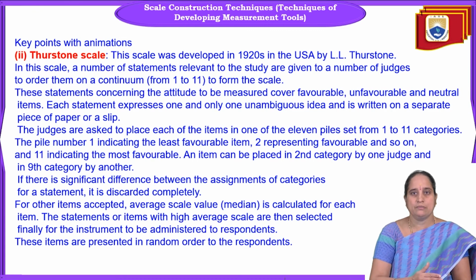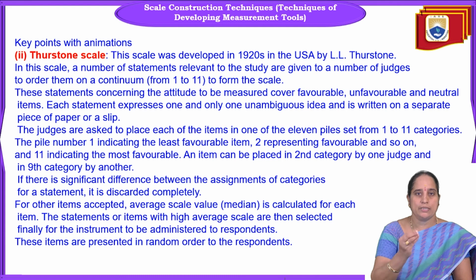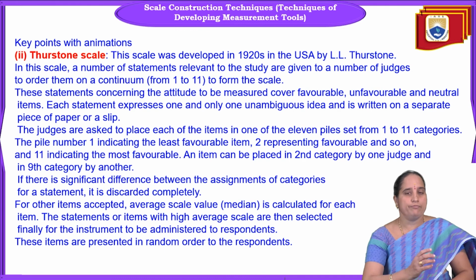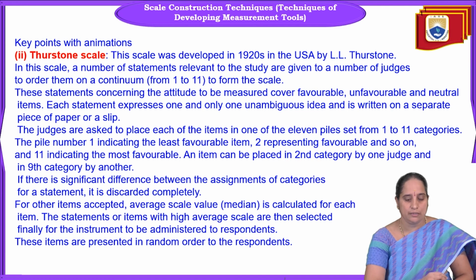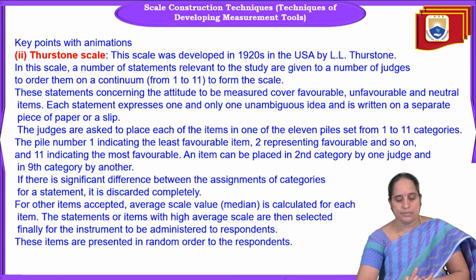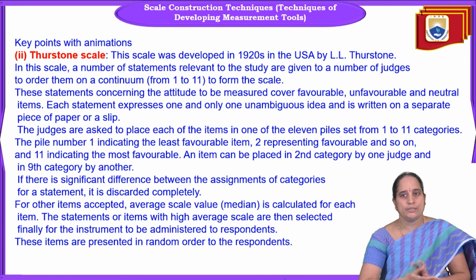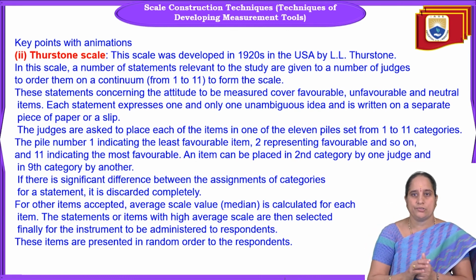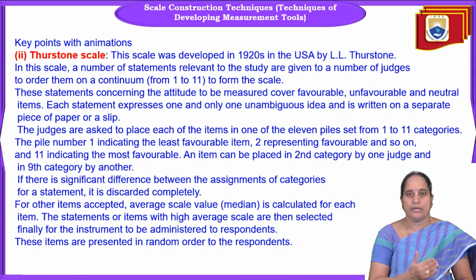The perceptions of people may vary from one person to another, and based on that, they assign some value to measure a particular attribute. If there is a significant difference between the assignments of categories for a statement, it is discarded completely. If this variation is too much, they discard that particular item.